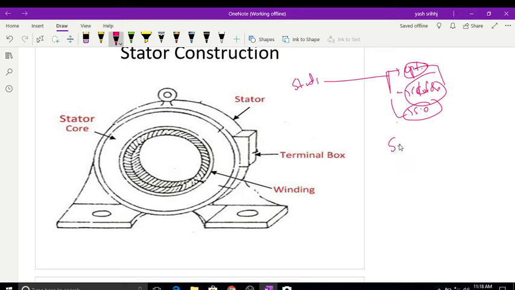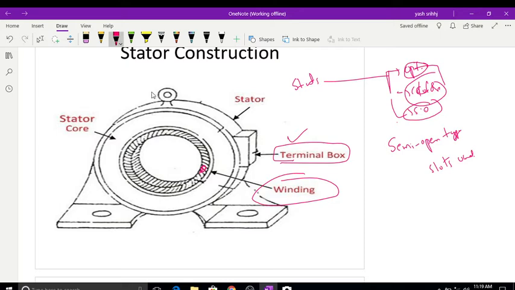Among these, semi open type slots are used in the stator construction, and in the stator slots, the stator winding will be placed, and the winding terminals will be taken outside. Such terminals appear in the terminal box, and this is an eye used to lift the motor with the help of machines or men, whatever it may be.